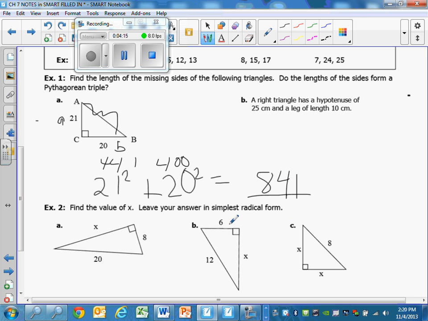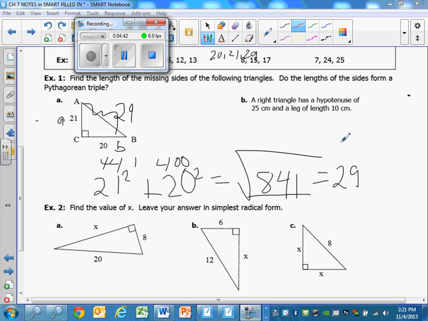It will be a Pythagorean triple if it comes out to be a perfect number. If I take the square root of 841, I would get 29. So my side C, or length AB, is 29. Since it's a perfect number, yes, it is a Pythagorean triple. If you want to add that to your list up here, you could call 20, 21, 29 a Pythagorean triple.